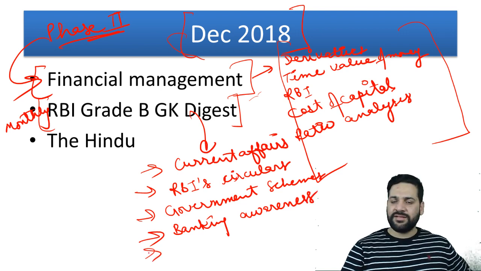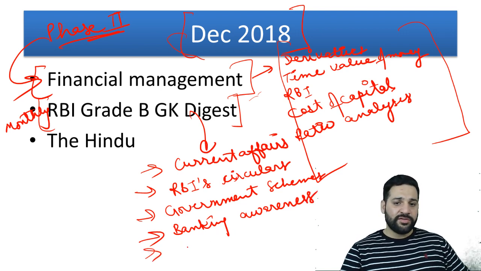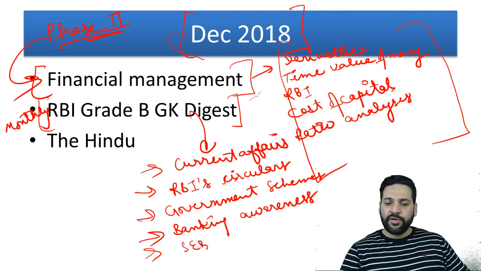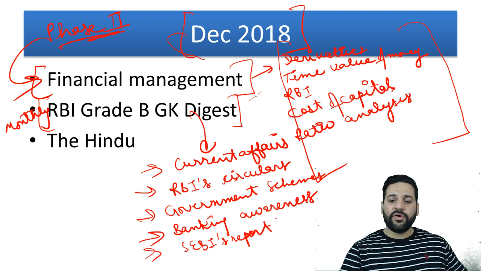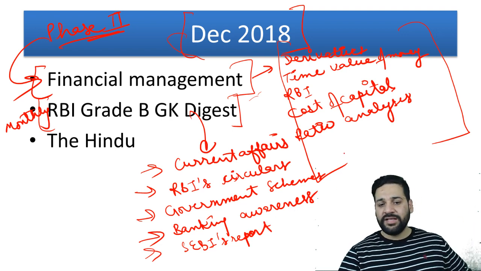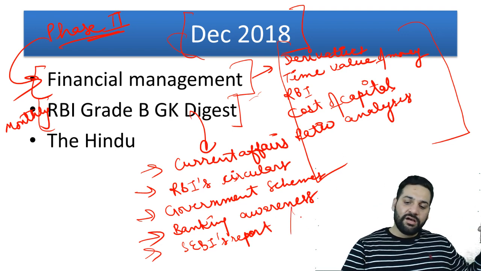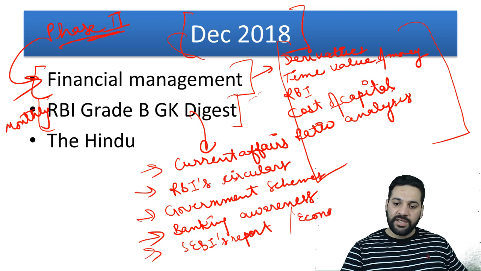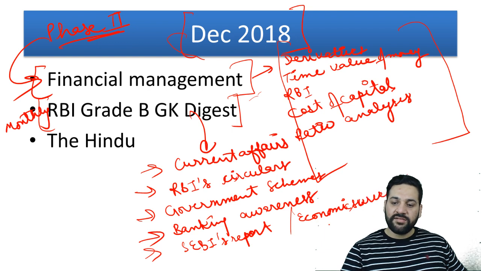Then there is analysis of economic survey or SEBI's report, or any international report, like ease of doing business, etc. Economic survey kind of a thing is there, or in case there is a union budget.